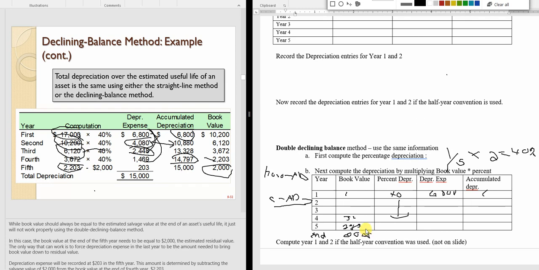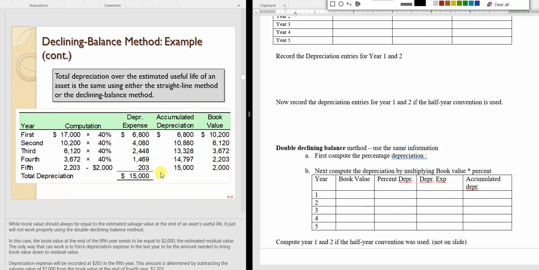I know it's got a 5-year life, so I simply take the rest. I put NA in there. My depreciation expense is simply 203. Notice your accumulated depreciation needs to be 15,000, because I want my book value of 17,000 cost minus 15,000 to equal your salvage value. Double declining balance: don't use salvage value until the end, and you plug the number in.